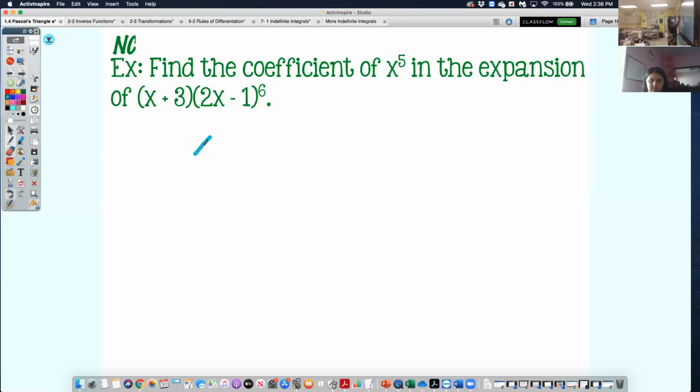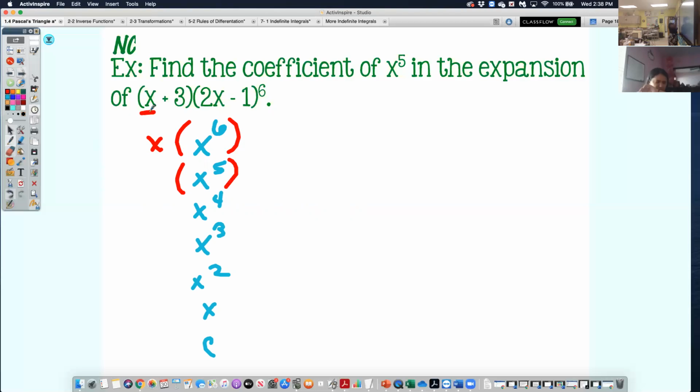But again, I'm going to have a term that's an x to the 6th, an x to the 5th, x to the 4th, x to the 3rd, x to the 2nd, x, and then a constant. Every single one of these is going to get multiplied by an x when I apply that part here.